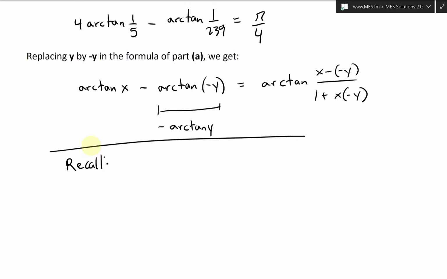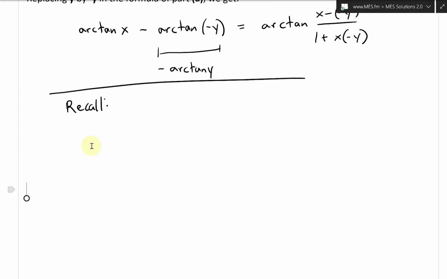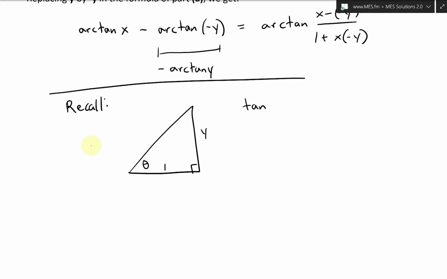that if we have a right angle triangle, when we're dealing with tan, we're doing opposite over adjacent. Let's say we have y here, and let's say this side length is 1. So this is the angle theta. So tan of theta equals opposite over adjacent, so y over 1.